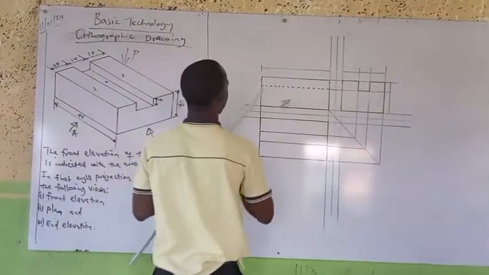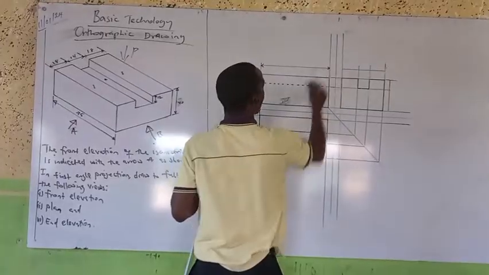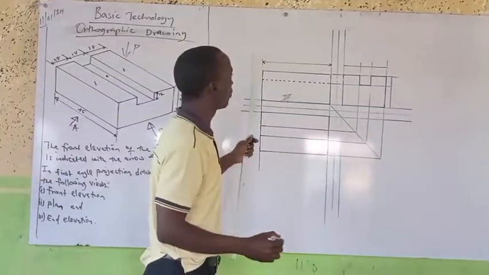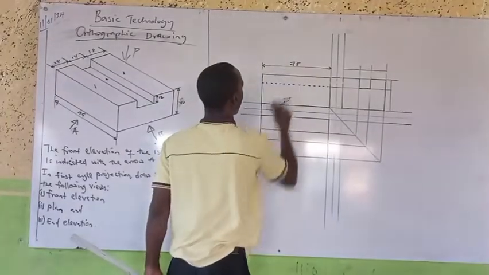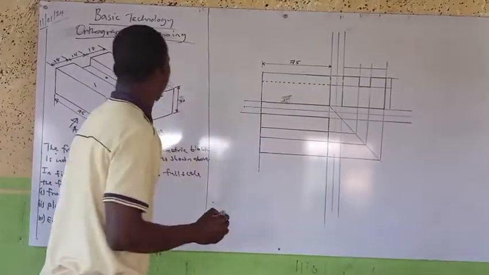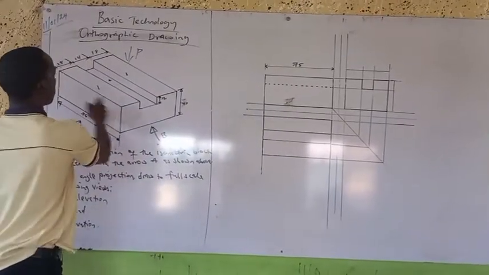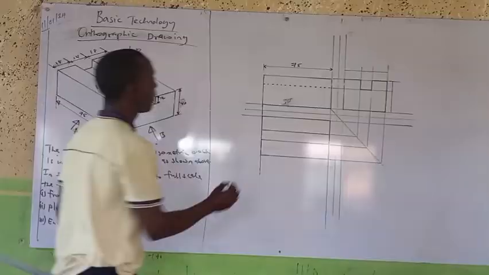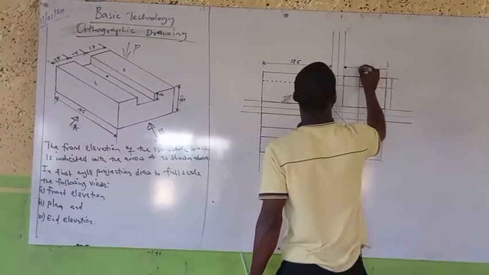From here to here is what? This dimension from here to here is 75. That is from this point to this point. Then from here to here is what?